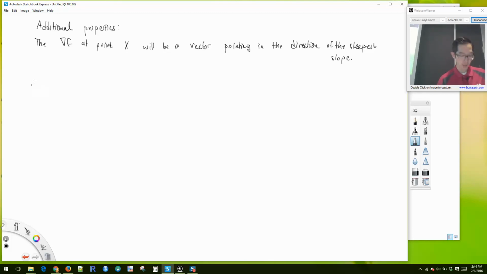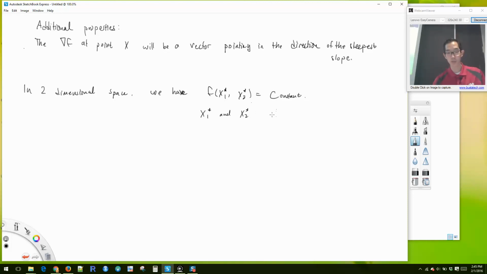Okay, and then, if we have, in two-dimensional space, let's say we have f of x1 star and x2 star equal to a constant. Okay, so then x1 star and x2 star would basically be a contour line, right?